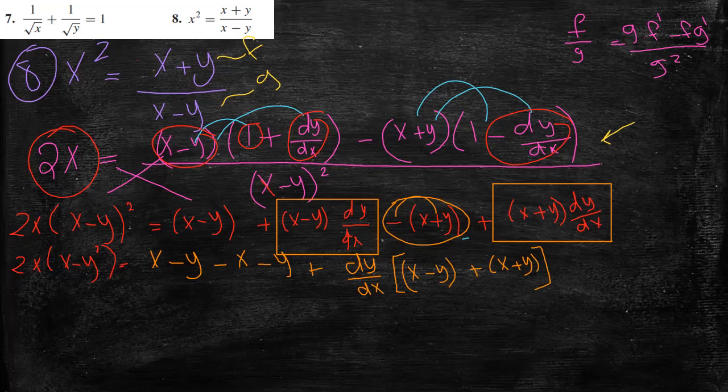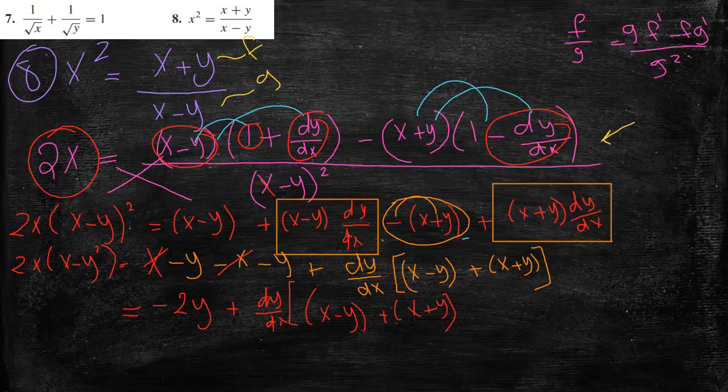Then here we have x cancel x and negative y, so it will be negative 2y plus dy over dx equal (x minus y) plus (x plus y).